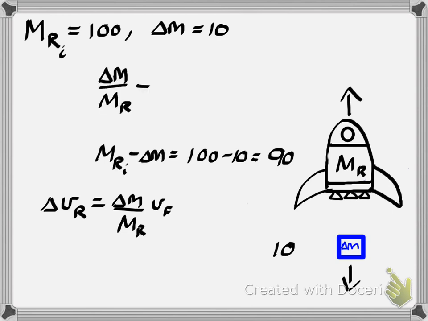So after the fuel of 10 has been ejected, our rocket now has a mass of 90. And so our ratio of the change in mass, 10, divided by the mass of the rocket, which is not 100 but 100 minus 10, the mass that it's lost, is 10 over 90, which is the same thing as 1/9. So after ejection of 1/10 of the mass, we have that ratio as 1/9.